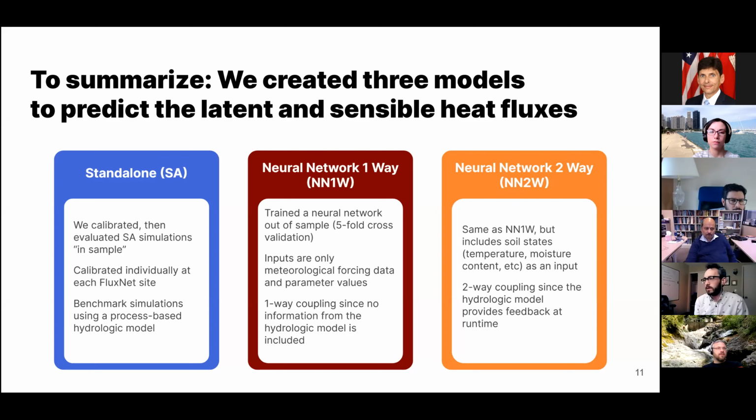And so both of the neural networks, NN1W and NN2W, were actually trained out of sample in both time and space. So we did a 5-fold cross-validation here where we actually trained 5 neural networks for each of these configurations.